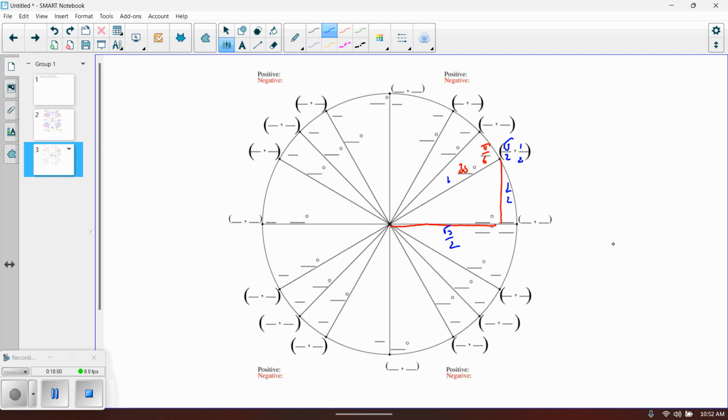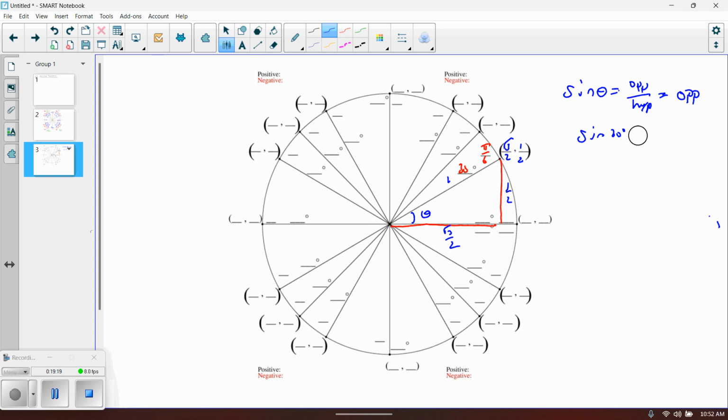Okay, we know that the sine of our angle, well, here's our angle, is the opposite over the hypotenuse. If you look at this, the hypotenuse is 1. So in this case, the sine is just the opposite because it's the opposite over 1. And the opposite here is 1/2. So the sine of 30 degrees is 1/2.